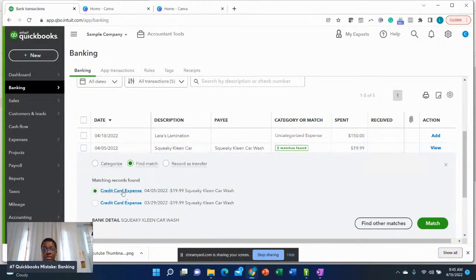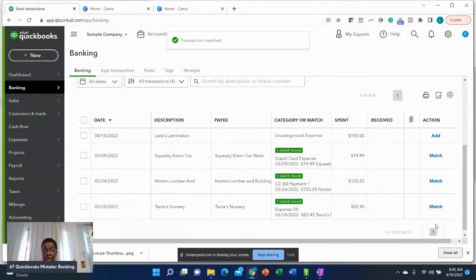This transaction, April 5th, matches the credit card transaction that came across, so you would select credit card expense. This usually happens if you use a vendor multiple times through the month, so just be really careful because you have to look at the dates. Here you'll just select match.